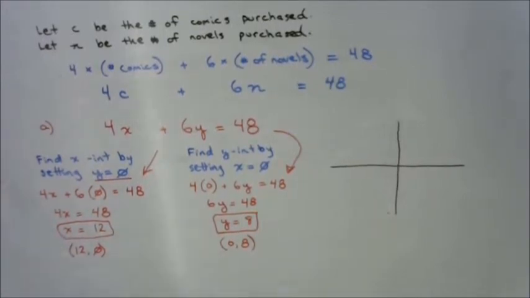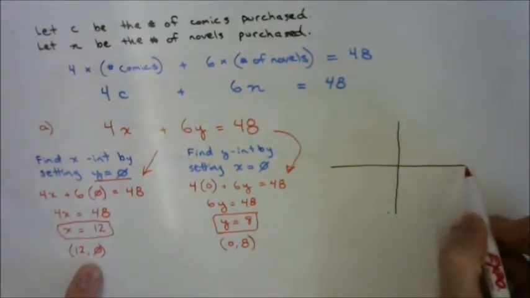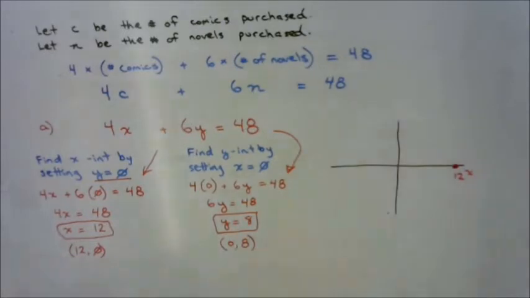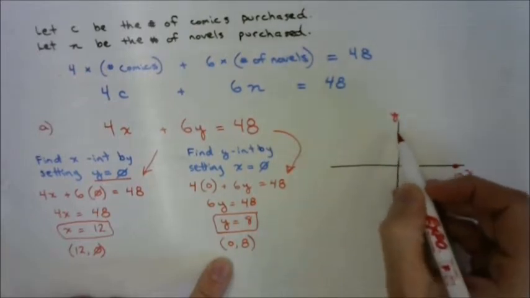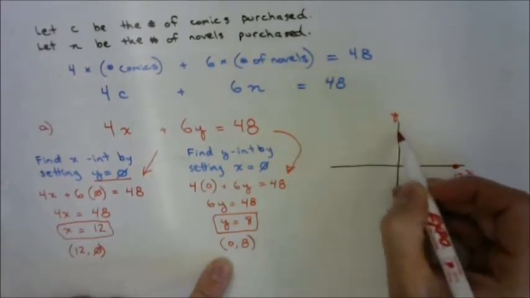It's really that easy. So now we're going to go to our graph. You're going to find the point (12, 0), which is on the x-axis over here at 12. And you're going to find the point (0, 8), which is on the y-axis up here at y equals 8.